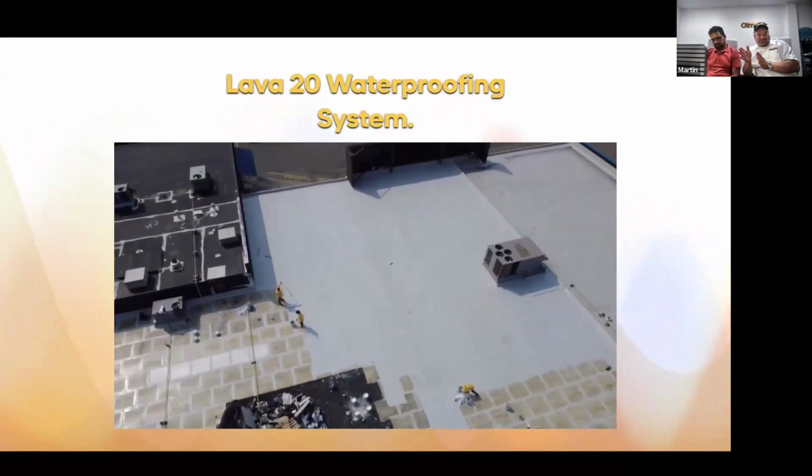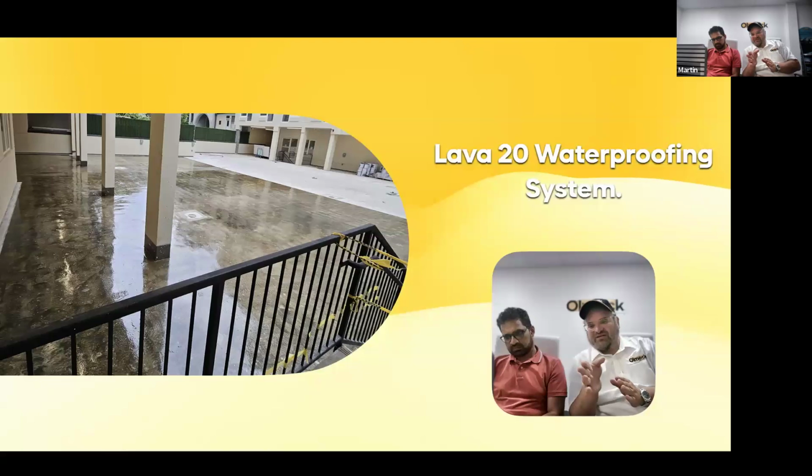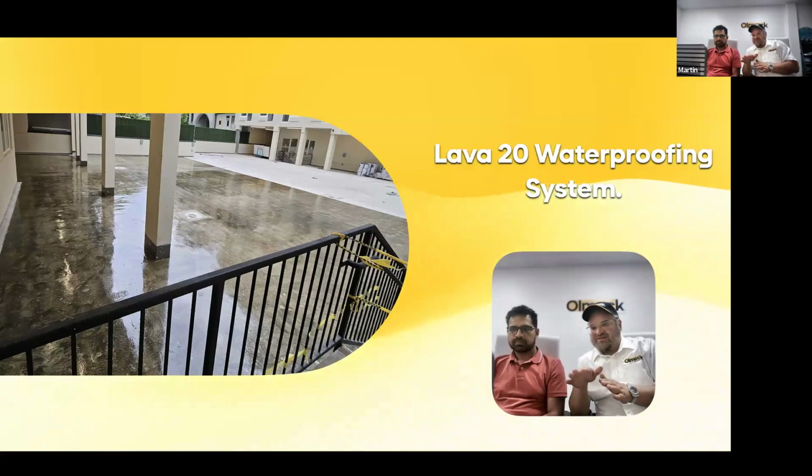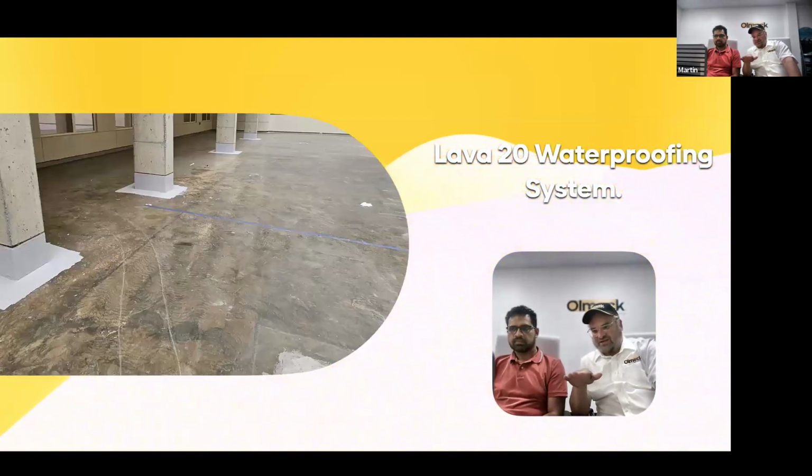So we'll go over to another project we just recently did. This is the primer. This is a parking garage above living space. So what we did is we put the primer on it, and then we applied the Lava 20.